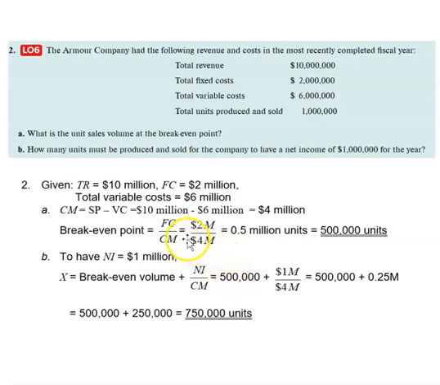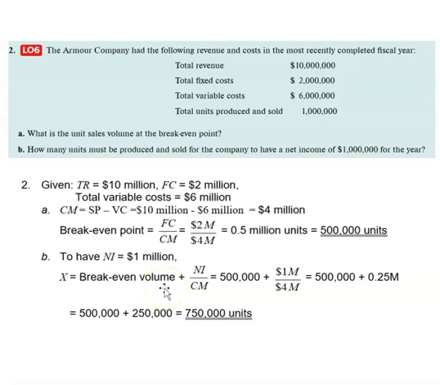We know that to break even, we need 500,000, okay? So you can either take the fixed cost plus your net income, add those two together and divide it by your contribution margin, or if you've already done the step for the break-even, see here, X equals your break-even volume, which is your 500,000.